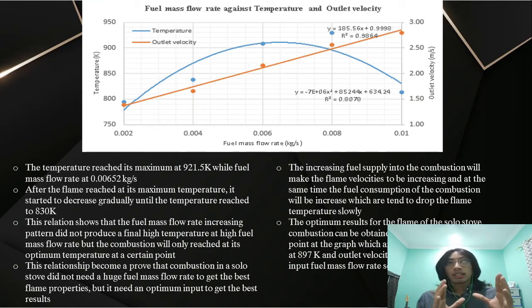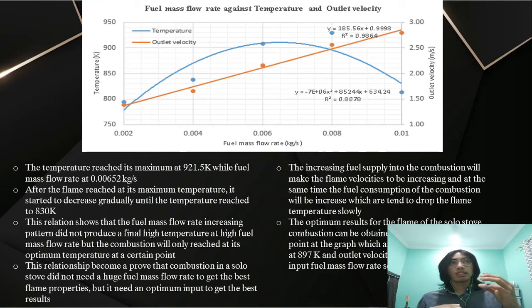From these results, I have learned that this stove does not require a large amount of fuel or a high fuel mass flow rate to obtain a very high temperature. Users can put in a small amount of fuel to the stove and still obtain a very high temperature.